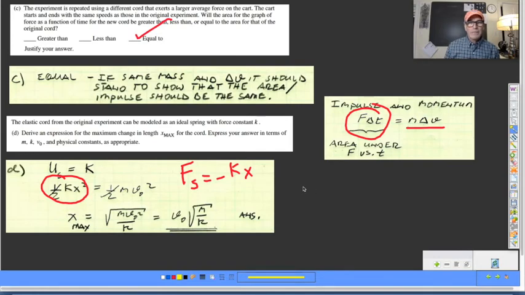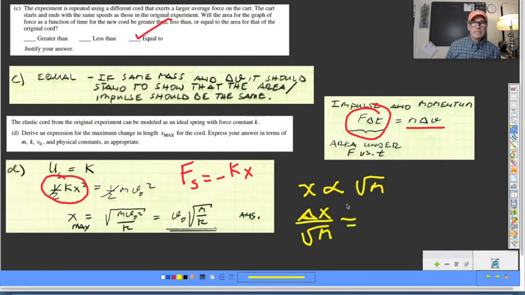I'm anticipating they're going to set us up with x proportional to the square root of m. So in this case, I'm thinking, all right, change in x over change in the square root of the mass. And given what we think are constants, we have an initial speed and the spring constant, that's going to be equivalent to v naught over the square root of k.